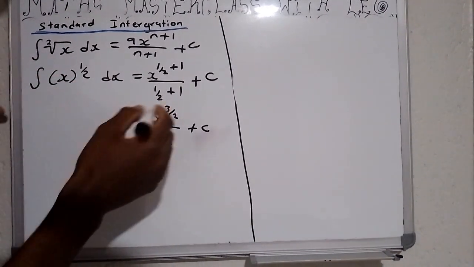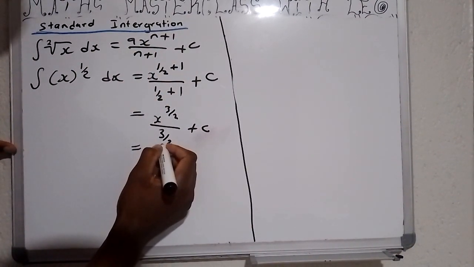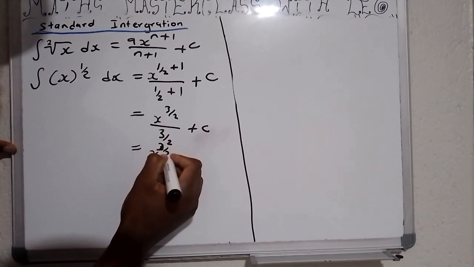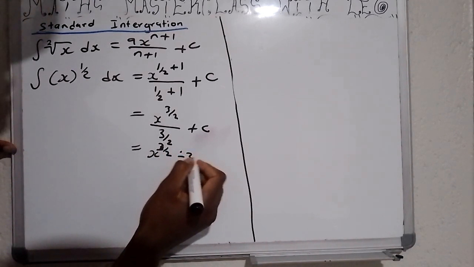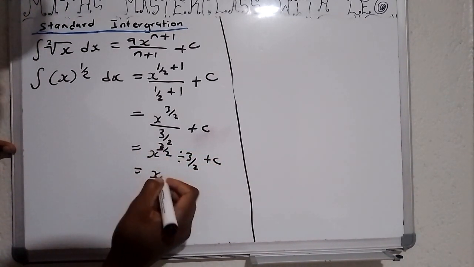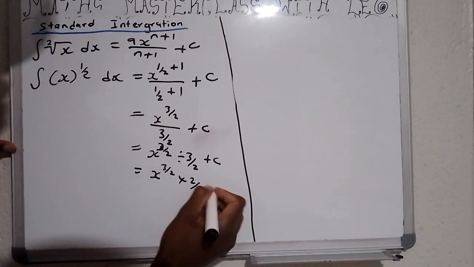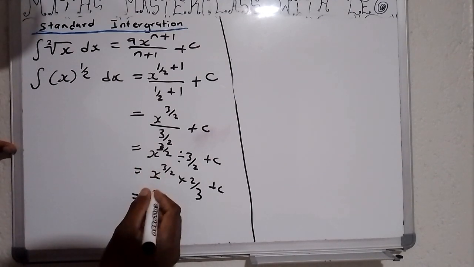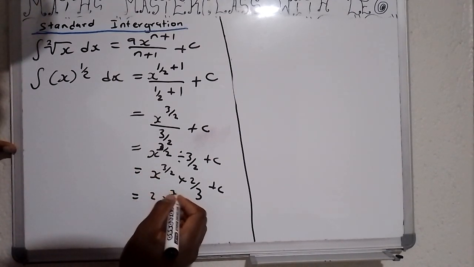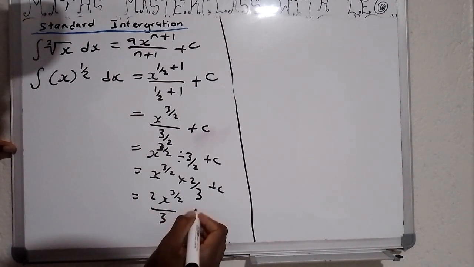Okay, now, with your high school maths, this is divide by 3 over 2 plus c. Then I can just write it as x to the power 3 over 2 multiplied by 2 over 3 plus c. Then this can be written as 2x to the power 3 over 2 all over 3 plus c.